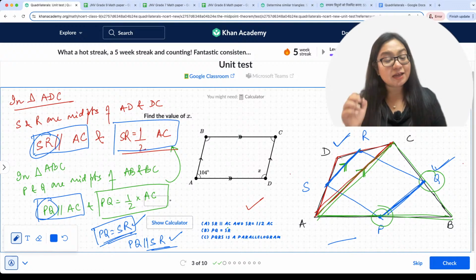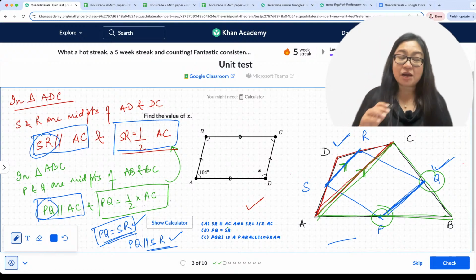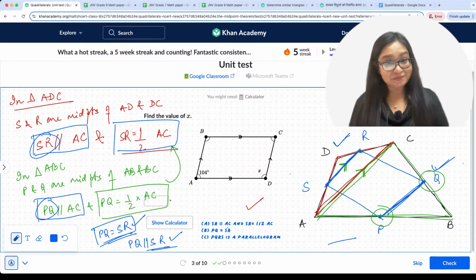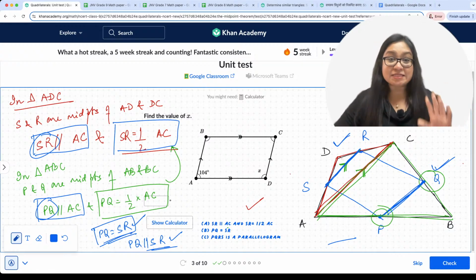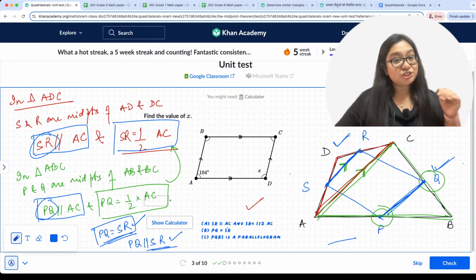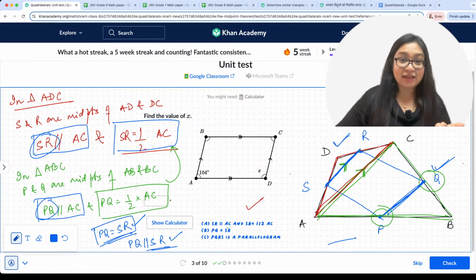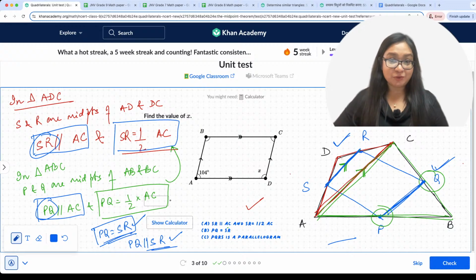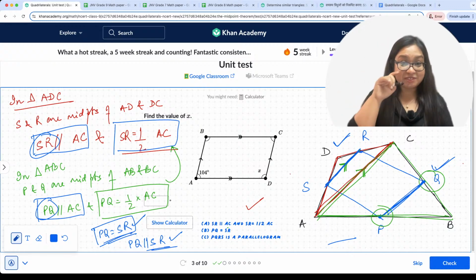You will see that your preparation for the final exam will become really well. And make sure you solve all the questions of NCERT really well, whether it is example problems or exercise problems. That will help you in solidifying the concepts.